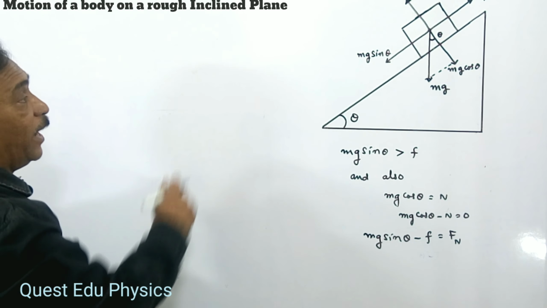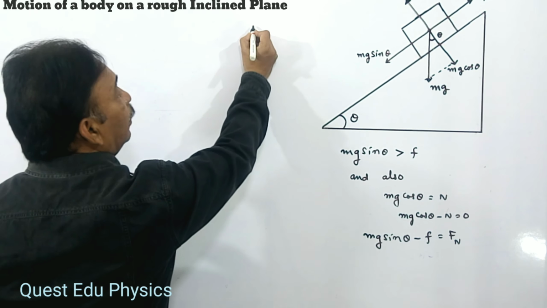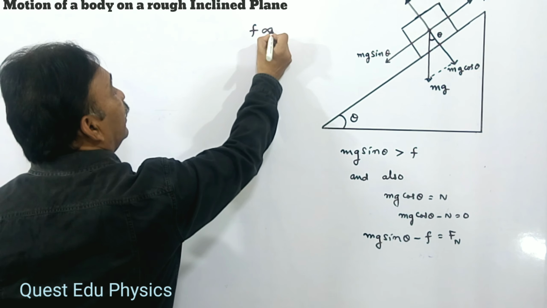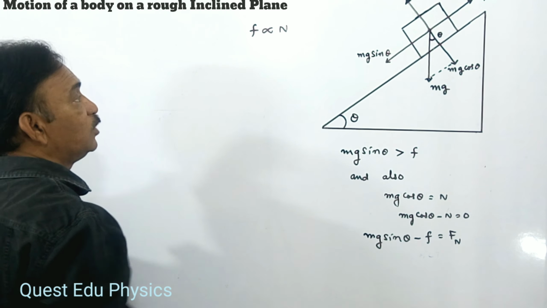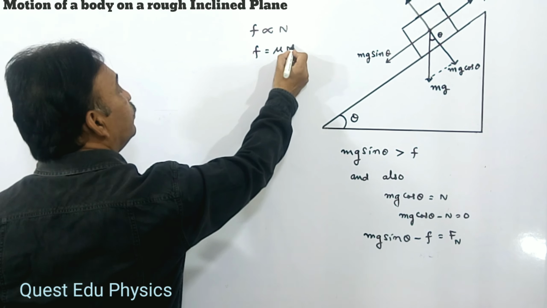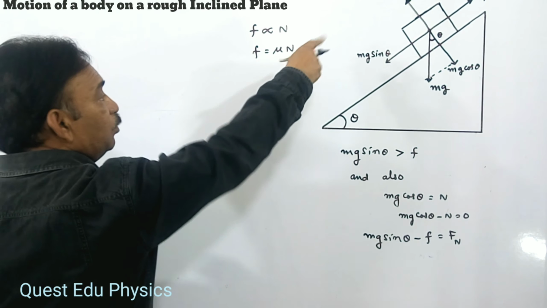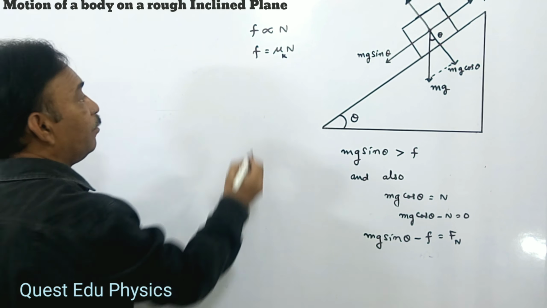Then what is the magnitude of the frictional force we have to learn? As you know, the frictional force is directly proportional to the normal reaction. Our frictional force is equal to mu N. Here the body is moving, so I am writing the subscript as k.